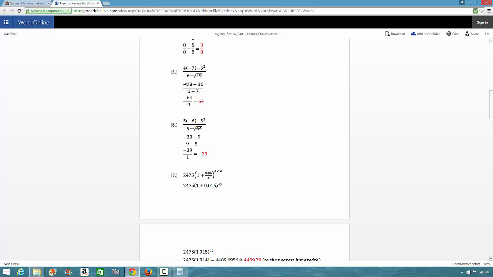So minus 28 minus 36 will give us minus 64. Divided by minus 1 will give us 64. Negative divided by negative will give us positive.